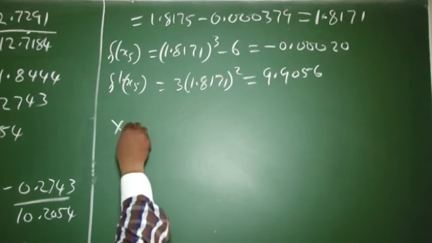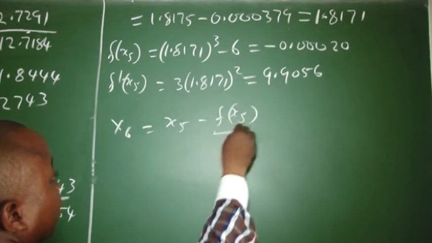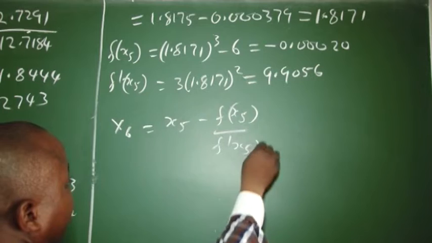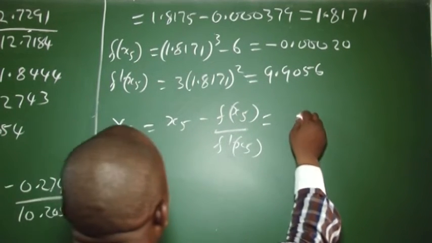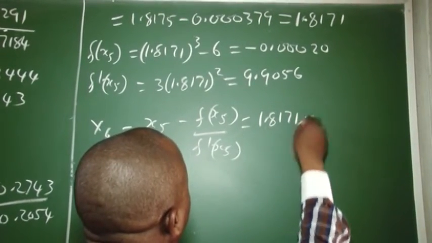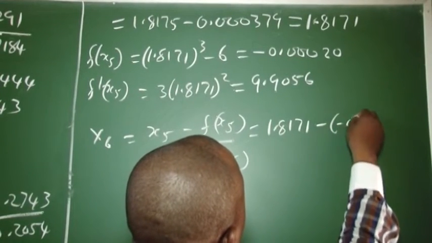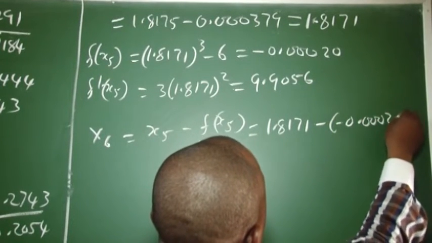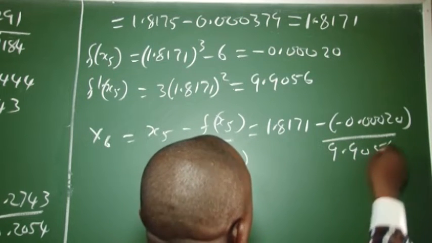Now x6 equals x5 minus f of x5 over f prime of x5, which is 1.8171 minus minus 0.00020 over 9.9056.